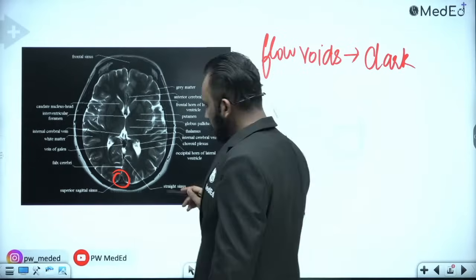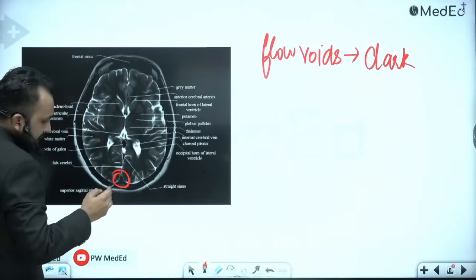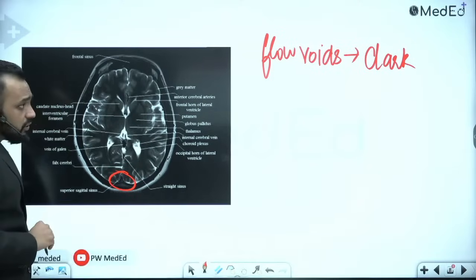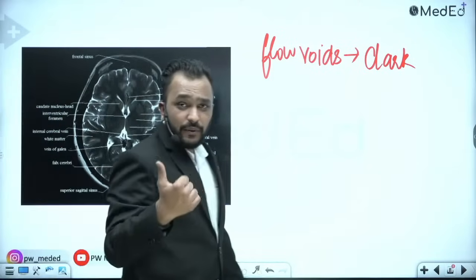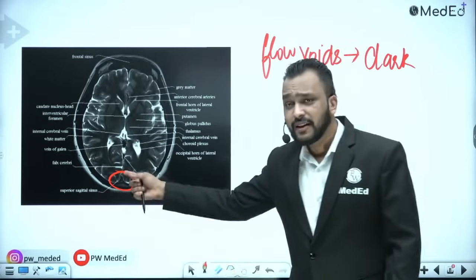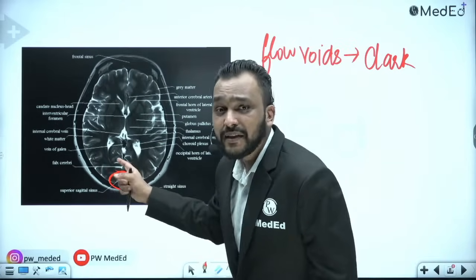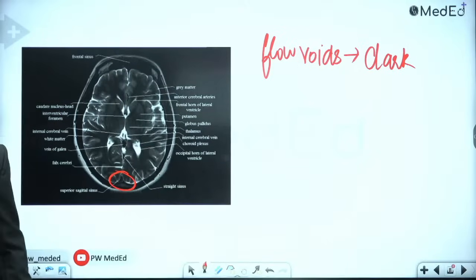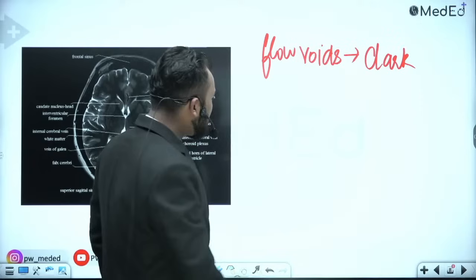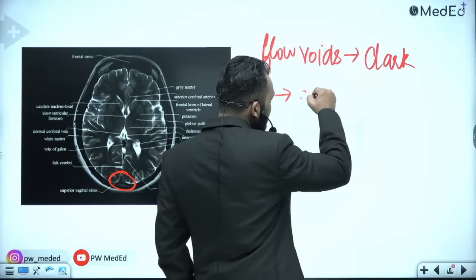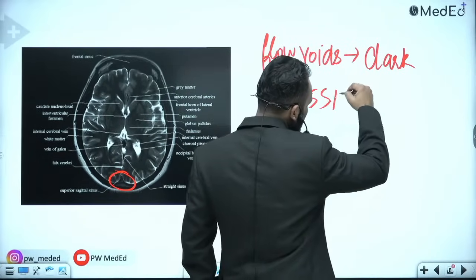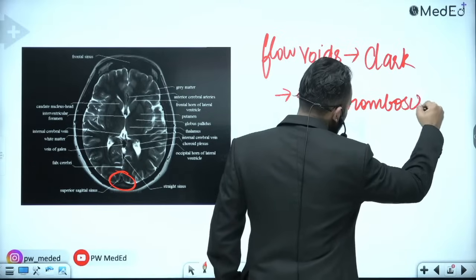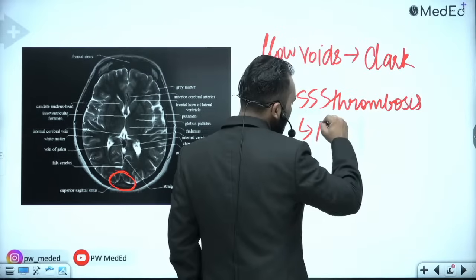In this image you can see that the superior sagittal sinus is appearing dark on T2 weighted image. So can you name one condition in which this superior sagittal sinus will appear bright? That is your superior sagittal sinus thrombosis, in which you will get a delta sign.